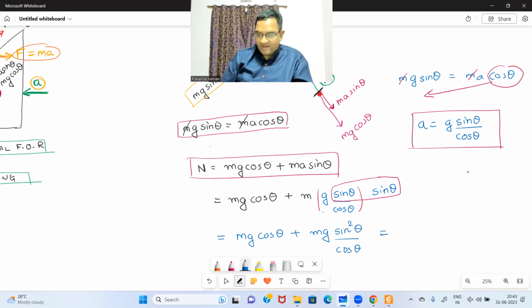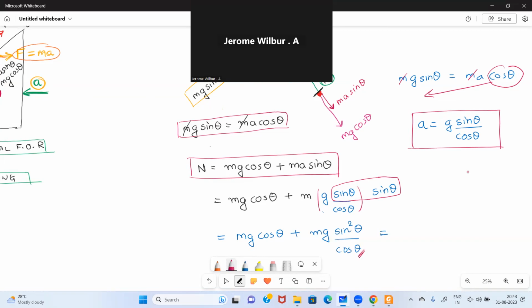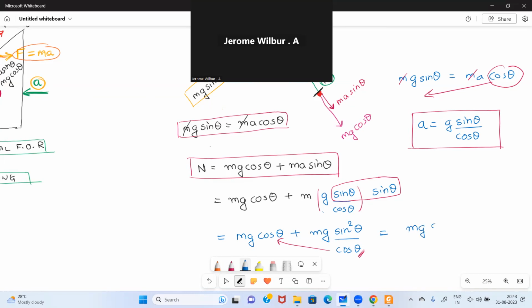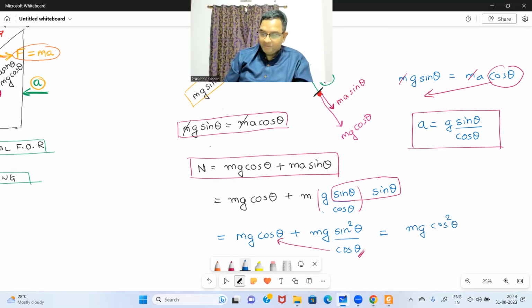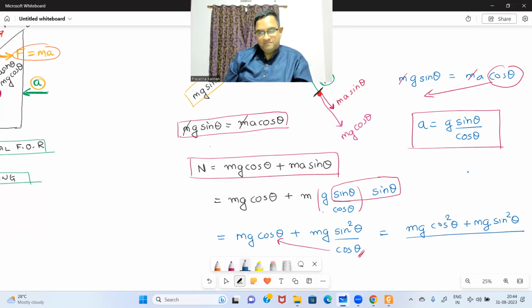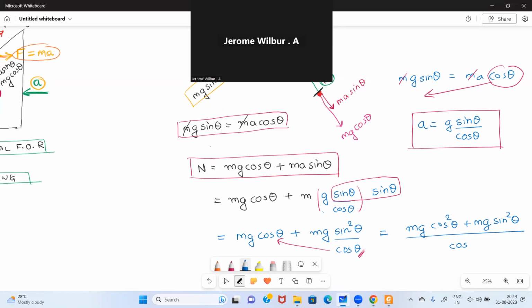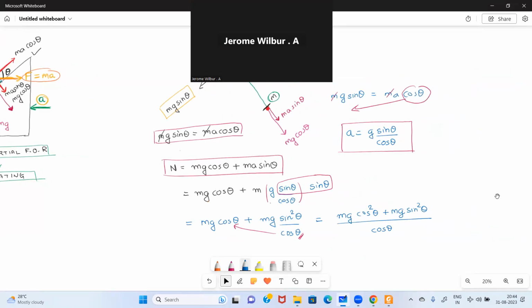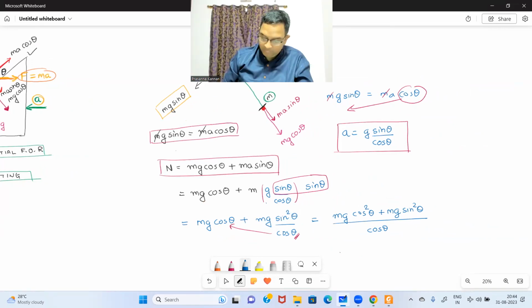Now take LCM. What is LCM? Cos theta. So when you multiply cos theta here, what will you get? Cos square theta. Yes, mg into cos square theta, plus already you have mg sin square theta, divided by cos theta. What can I take out common? Mg, sir. Mg can be taken out common. So what will I get inside?